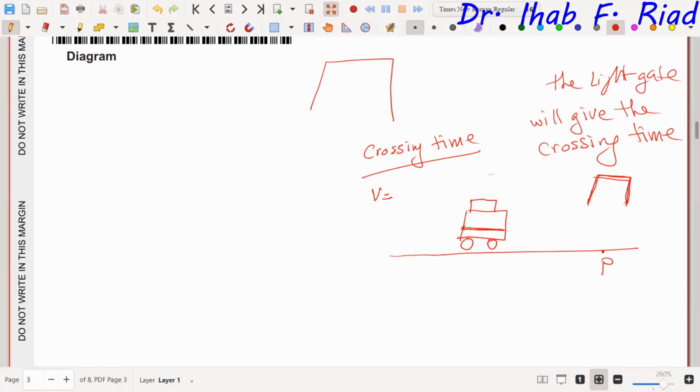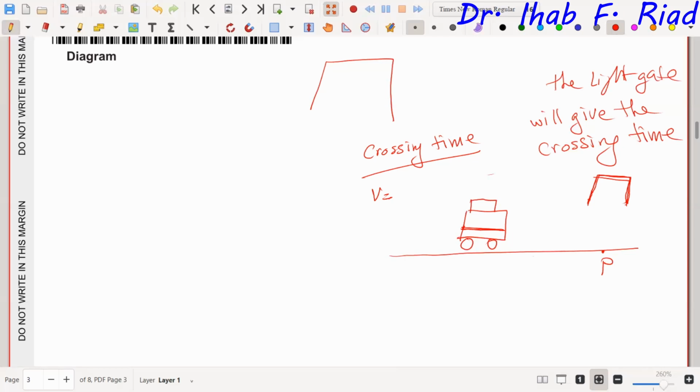No. Try to imagine it again. We need to calculate the velocity of the trolley, right? Yes. What is the crossing time? What did cross the light gate? The trolley.